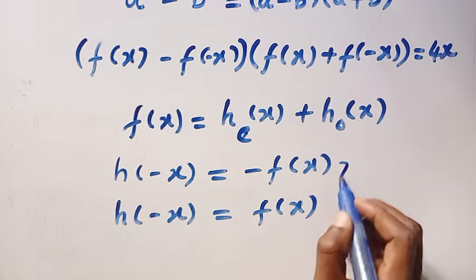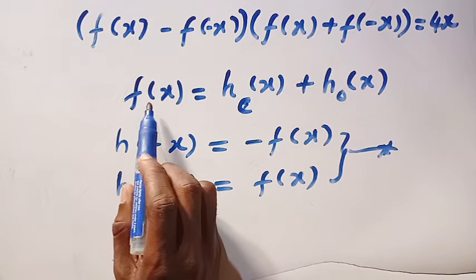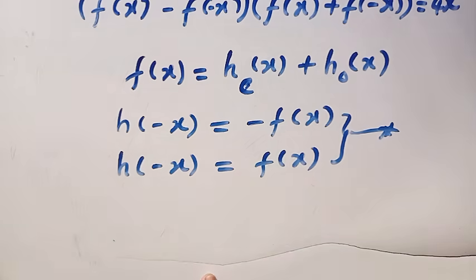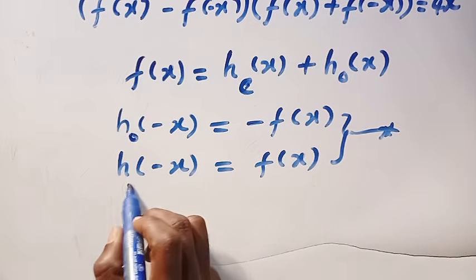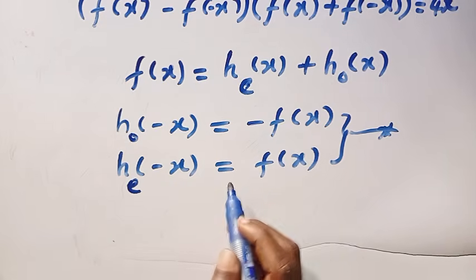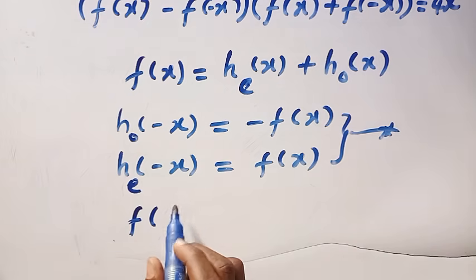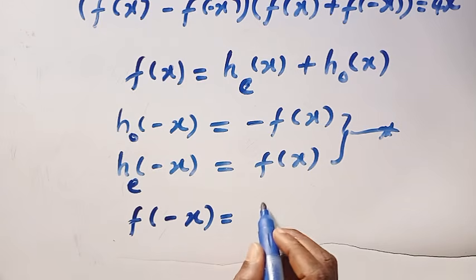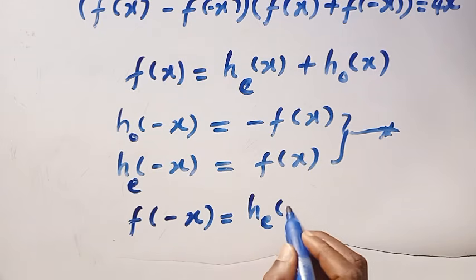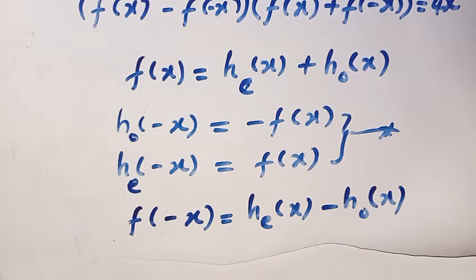Let's take these two expressions. From the first one we have f(x) equals h_e(x) plus h_o(x), and for the negative x, f(-x) equals h_e(x) minus h_o(x).